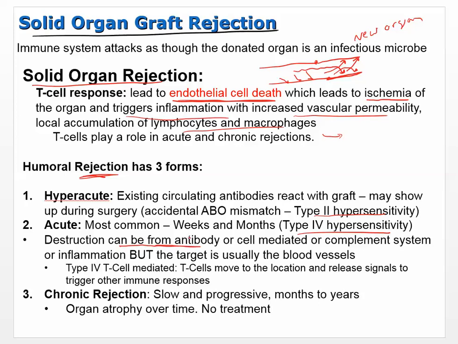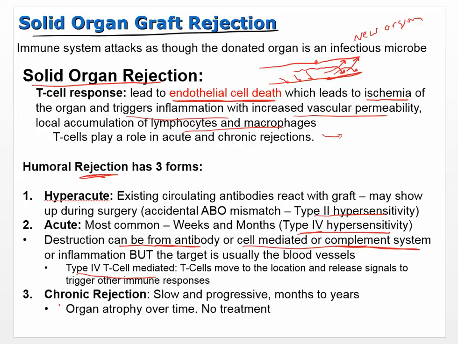You could have a full-on immune response, which is fairly quick, or it could be cell-mediated. It could involve the complement system. But again, the target is usually the blood vessels. So it tends to be type 4, T cell mediated. T cells move to the location and release signals to trigger other immune responses.